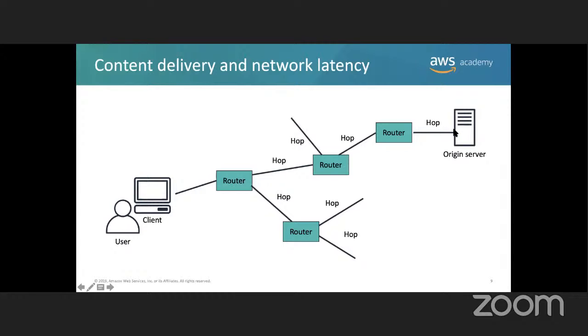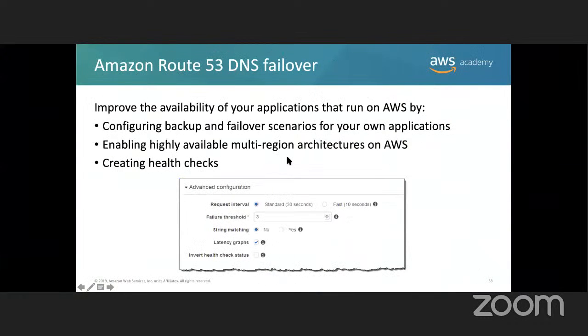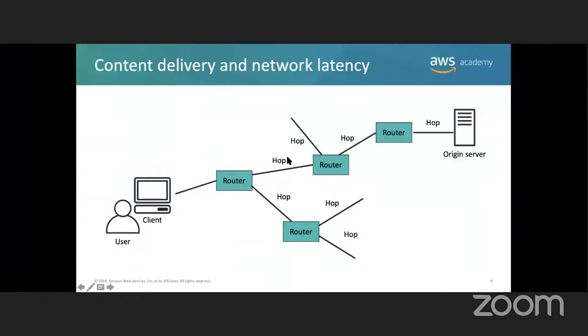So the number of network hops and the distance that the request must travel significantly affect the performance and responsiveness of your website. In addition to that, network latency is different in various geographic locations. So for these reasons, a content delivery network might be the solution.